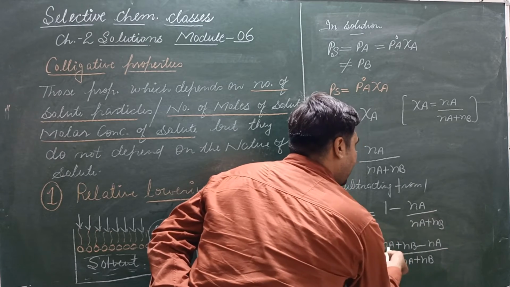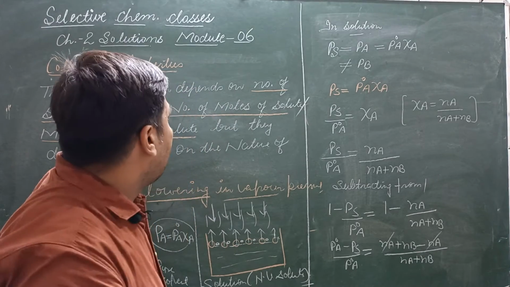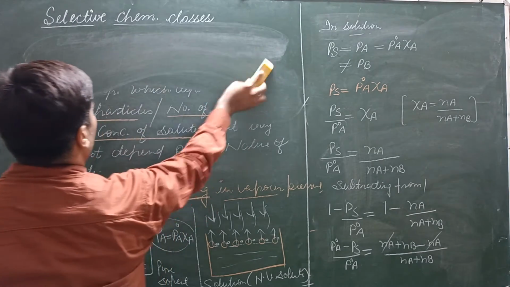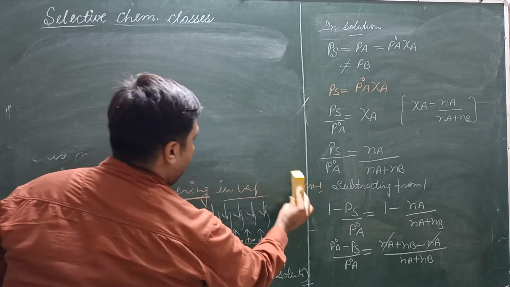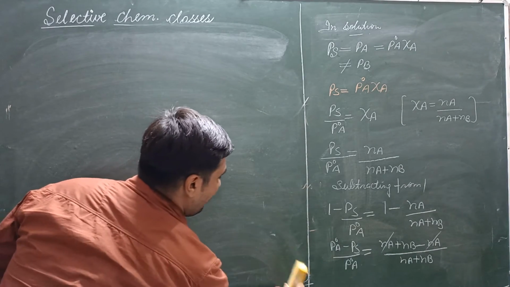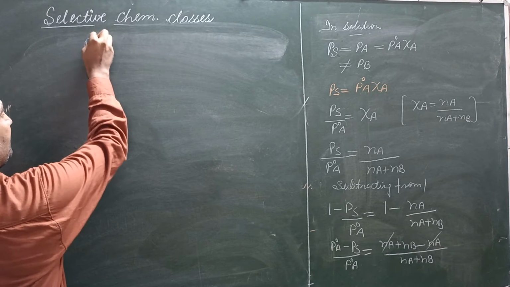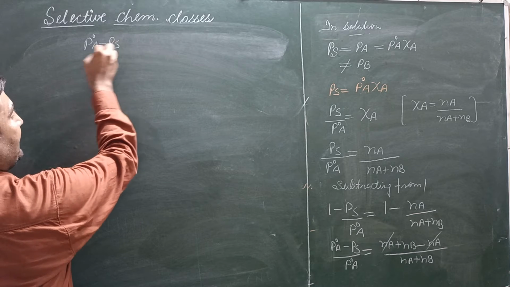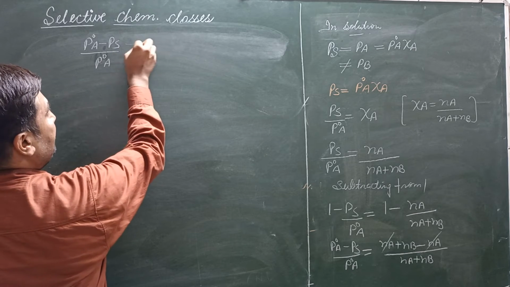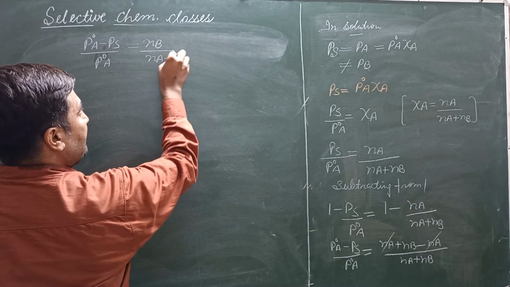NA, this is positive, this is negative, gets canceled out, and we get this formula: P naught A minus PS divided by P naught A will be equal to NB by NA plus NB.